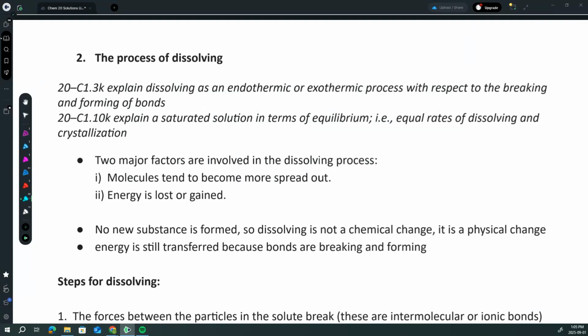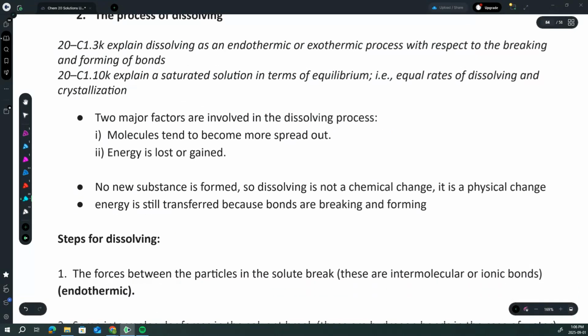So if we go back to that Kool-Aid powder and dissolving it in water, we're taking that Kool-Aid powder and turning it from a solid into an aqueous state. And energy is still going to be transferred because bonds are breaking and forming in the formation of a solution.